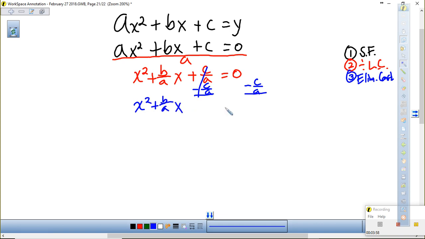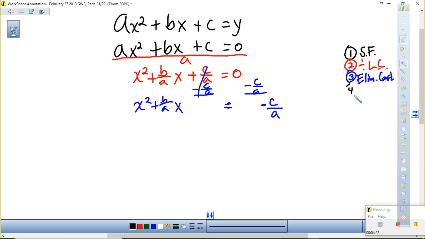I'm going to leave a space, equal. Now here I'm going to leave a space, and I'm going to write this one a little bit further this way, so minus c over a. Are we there so far? So far so good, right? Without numbers, but we're okay with the process. Is everybody following the process for completing the square? Okay.